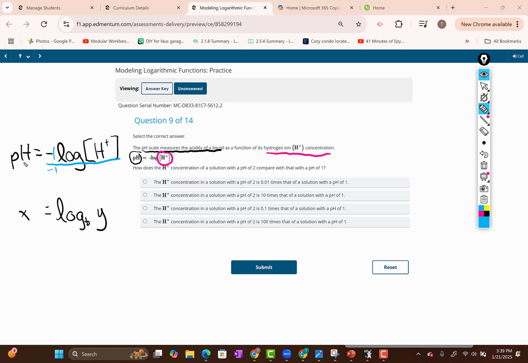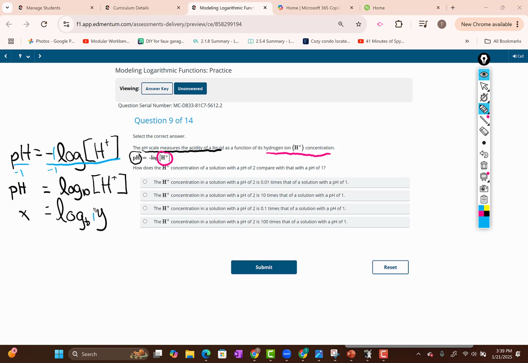So I'm going to divide both sides by -1. And now it's going to be strictly in log form, which will make it really easy to convert to exponential form. I'm going to put in a base of 10. Remember, if they don't give you a base like in this problem, it's assumed to be 10.